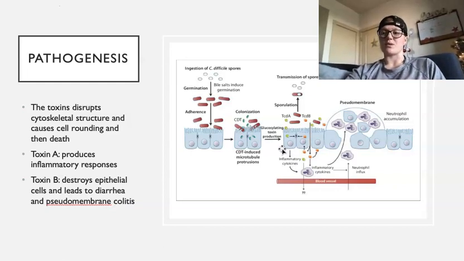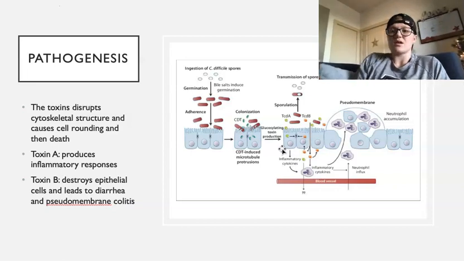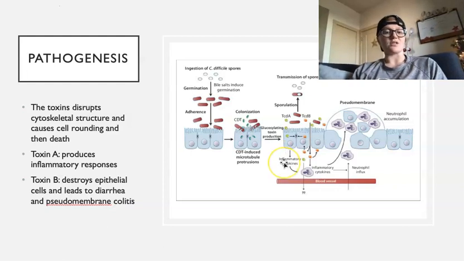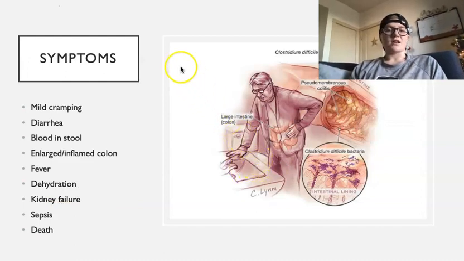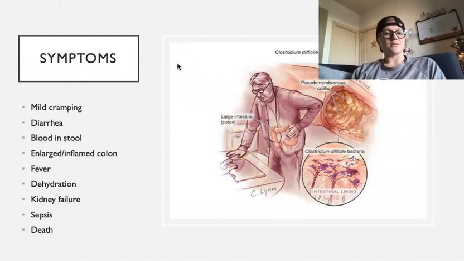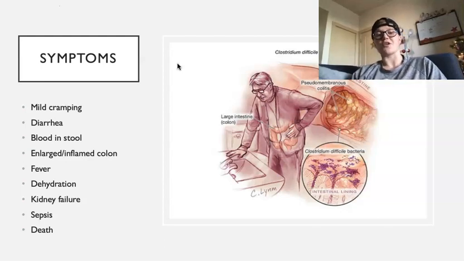However, toxin B is the primary virulence factor because it causes damage to the epithelial cells of the colon and then leads to pseudomembranous colitis. Symptoms can range depending on the severity of the infection.